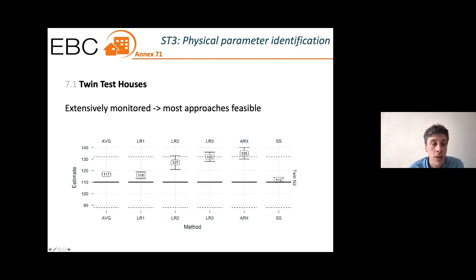The reference value is the bold line here, and the 20% uncertainty around it is indicated with the dashed lines. So you see in this case that the more simple methods work quite well. When we apply linear regression and ARX modeling, we tend to overestimate the heat transfer coefficient, and when we apply the more complex modeling, in this case, we approach the reference value very well.